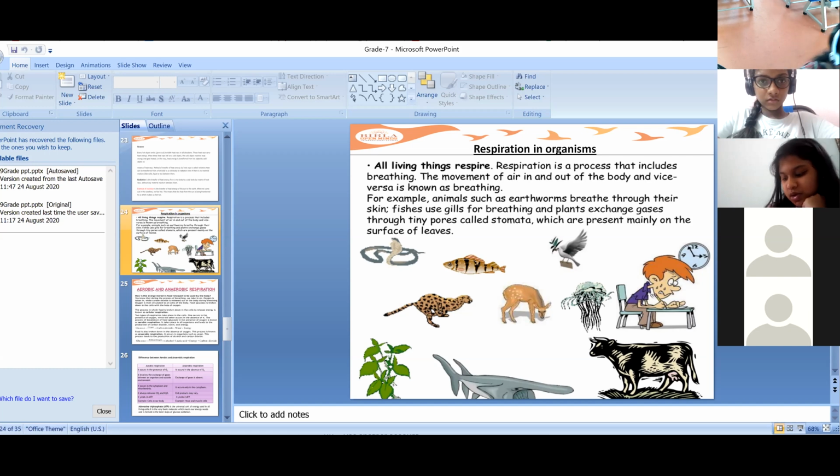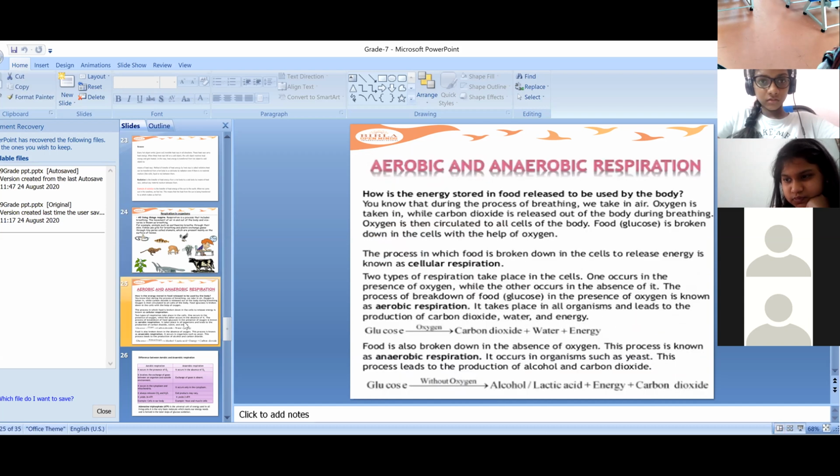Okay? So here, if you see the respiration process, anaerobic and aerobic respiration. Here, what is happening in the case of cellular respiration? This respiration is again of two types, aerobic and anaerobic. In aerobic, there is the presence of oxygen.